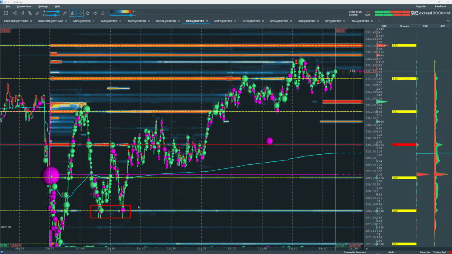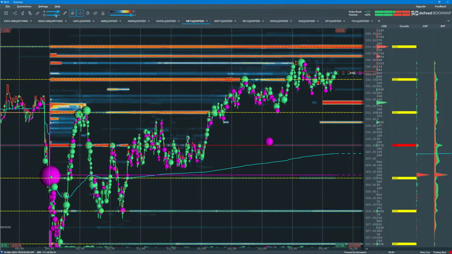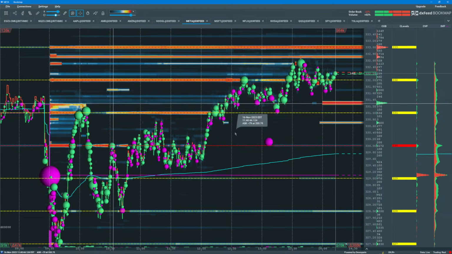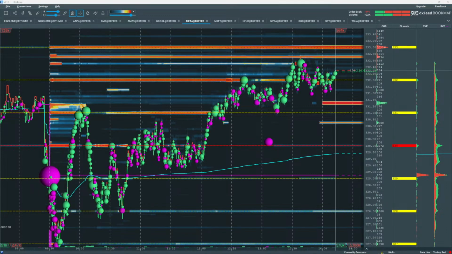And there are a lot of green volume dots today. Aggressive buyers in Meta as well. All right, there's Meta, long entry.